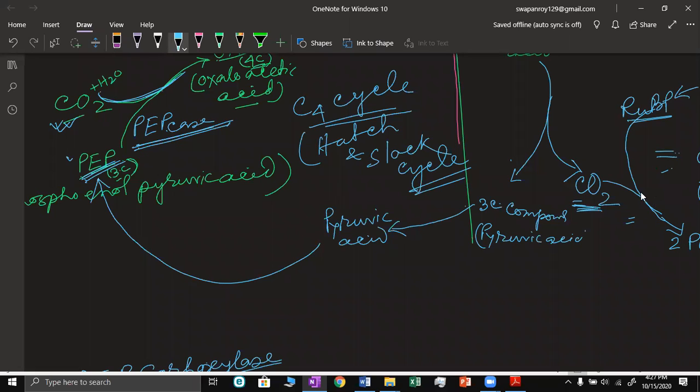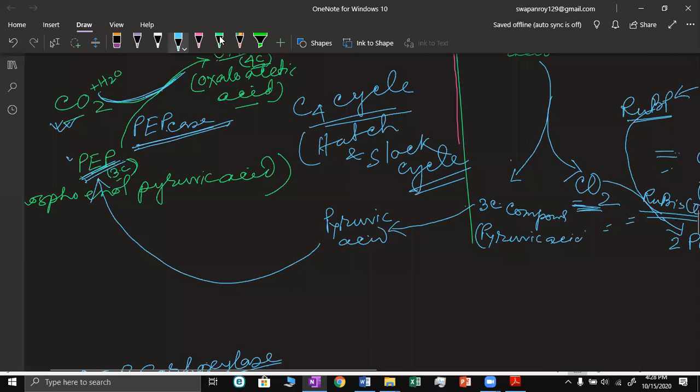Means here Rubisco will not absorb oxygen because enough carbon dioxide is there. So photosynthesis, or reduction of carbon dioxide, will go on happily. So enough sugar is produced.